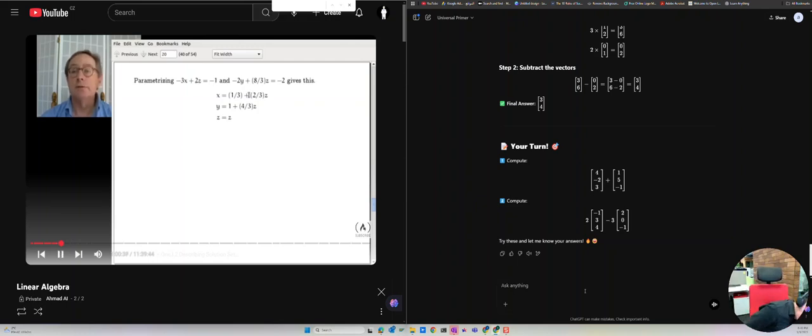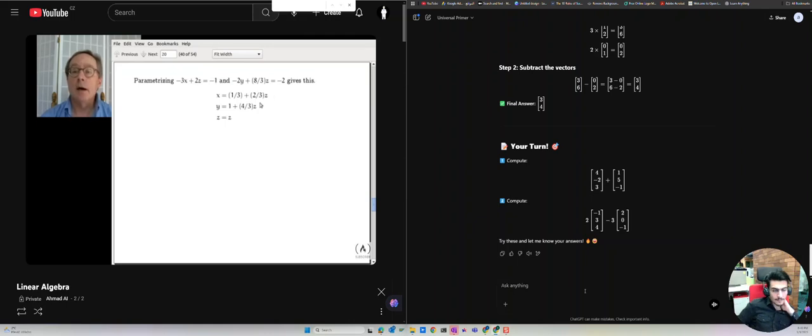So you express x in terms of z and y in terms of z, and you end up with these three equations here. X is expressed in terms of z, y is expressed in terms of z, and it's a little silly, but z is expressed in terms of z.